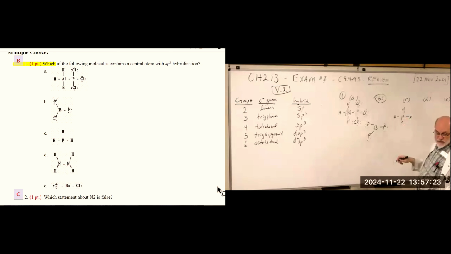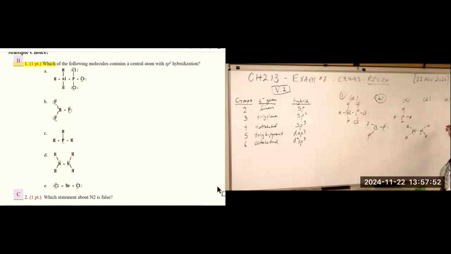So that's 4, that's sp3. And then the nitrogens with, what are these? Hydrogens. I think that's hydrazine. But these have lone pairs here also. So each of those nitrogens has an octet. It's got 4 groups around it, which means they're sp3 also.